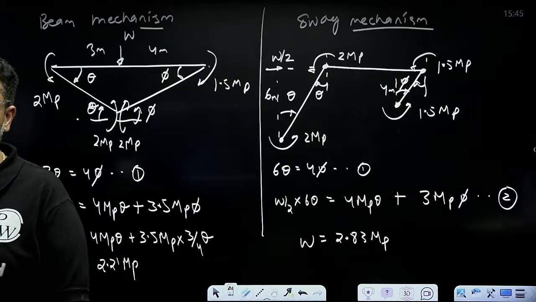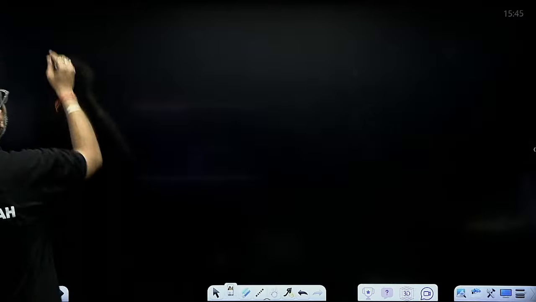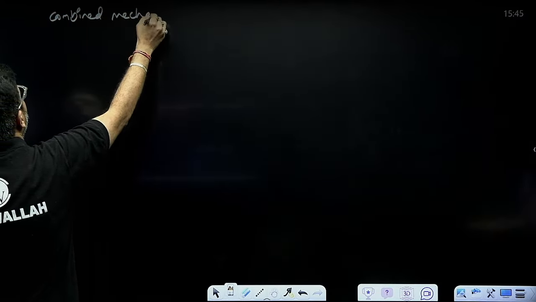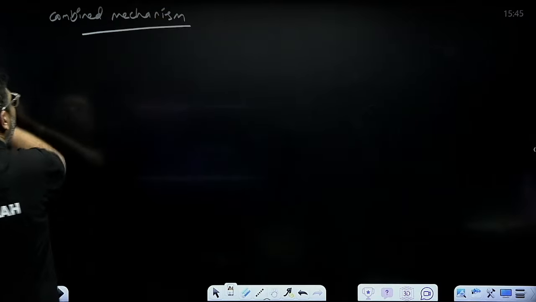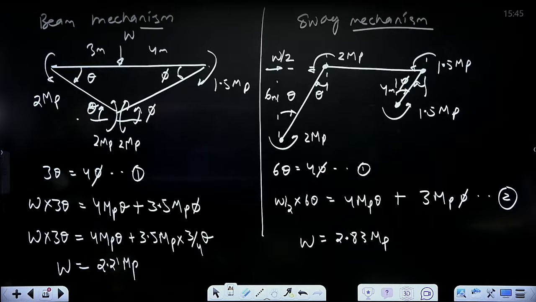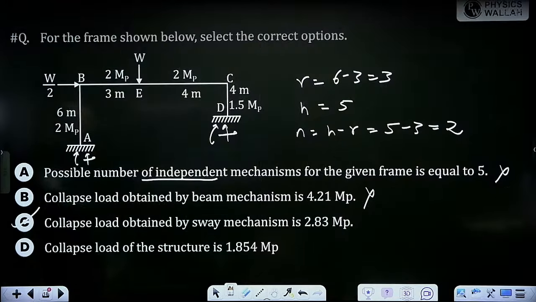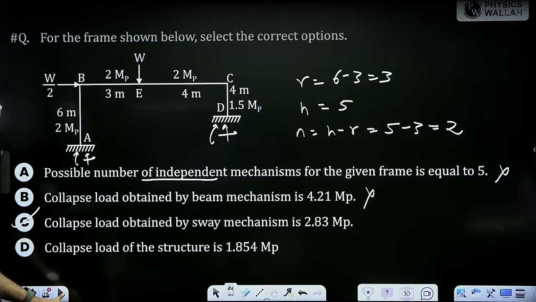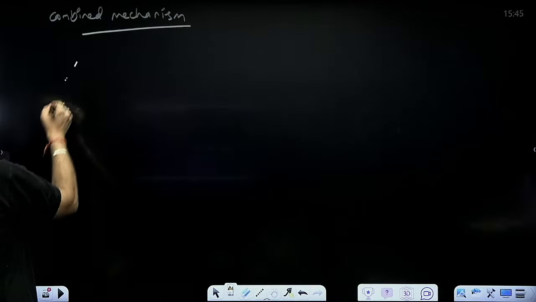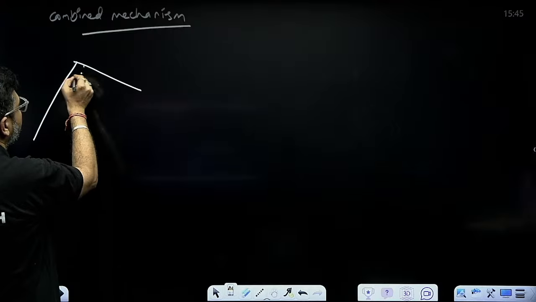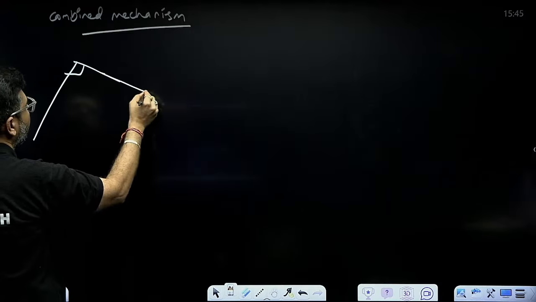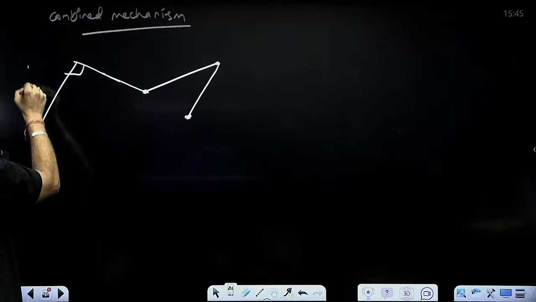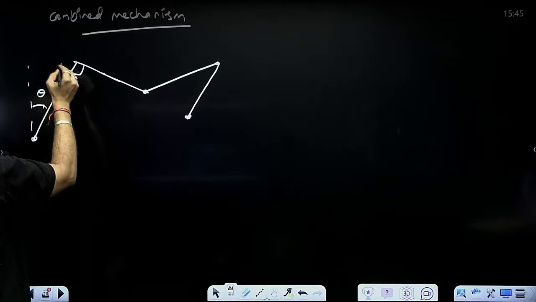Now let's see the combined mechanism. In the case of combined mechanism, if sway is on the right side, there will be no forward hinge at B. So combined mechanism will look like this. This is theta.